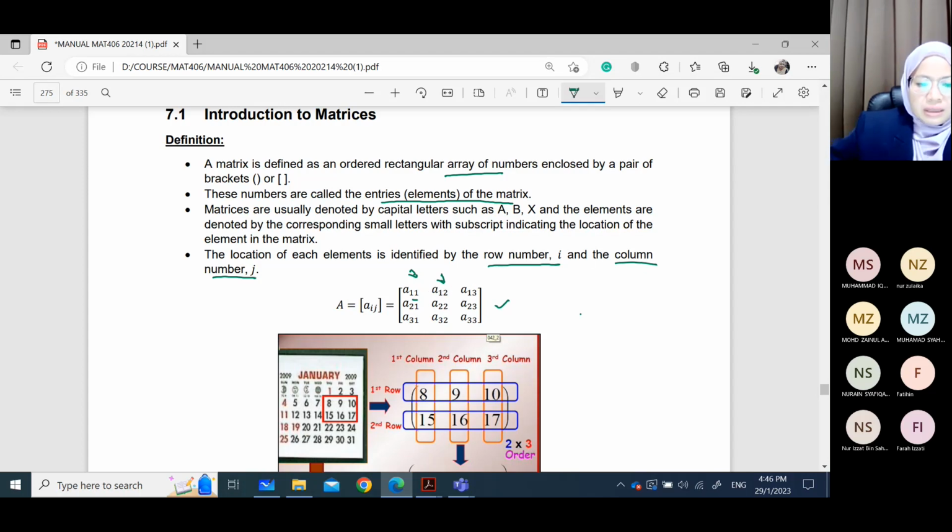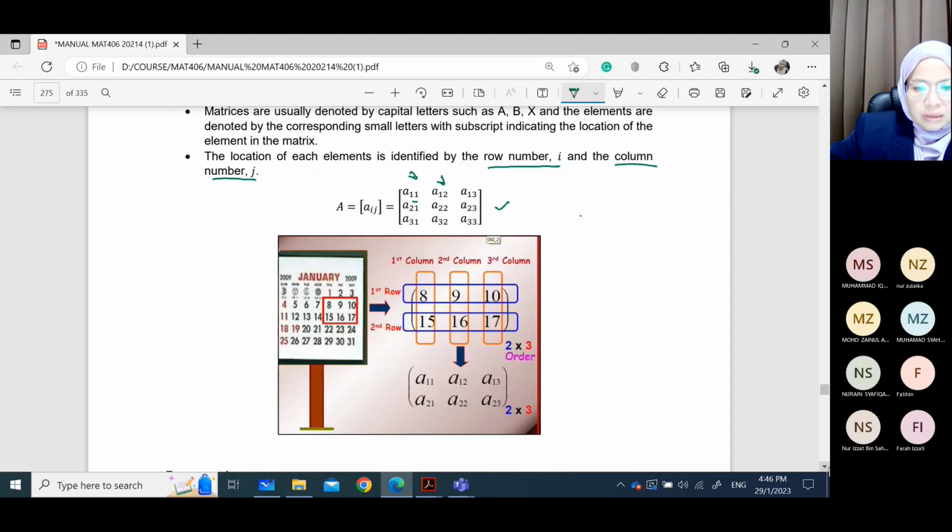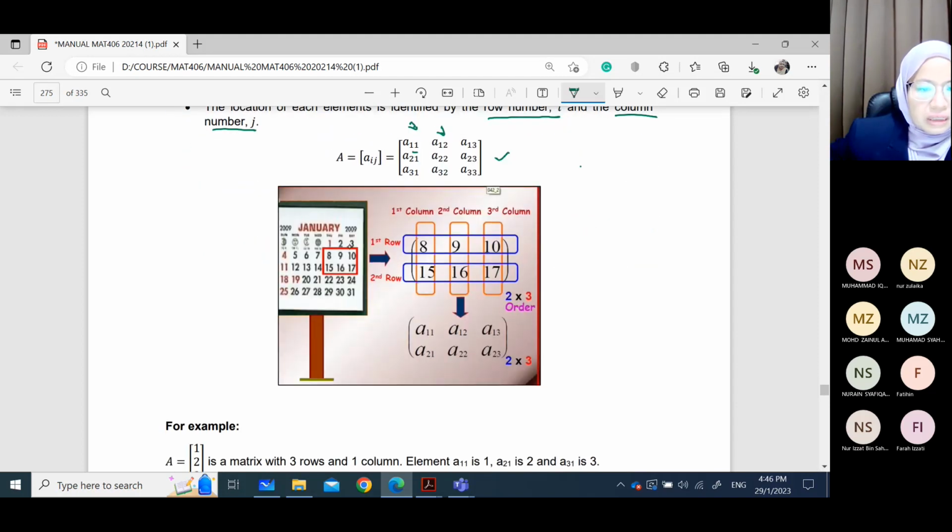Okay. Right. So ini antara contoh yang kita boleh lihat lah. Contoh bagi matrix. So based on this calendar, kita ambil a part of it which is 8, 9, 10, 15, 16, 17. So you lihat kat sini inilah first column, second column, third column, and for this matrix we have two rows, first row and the second row.